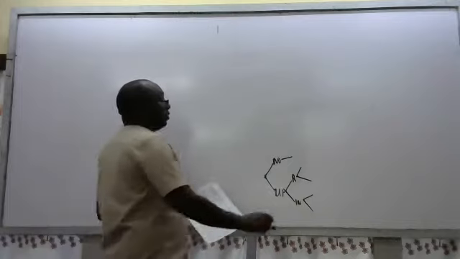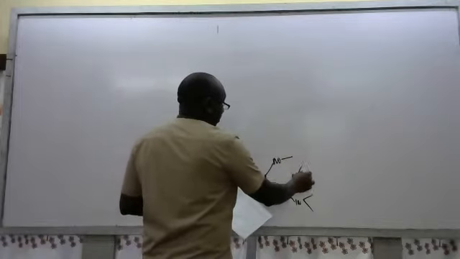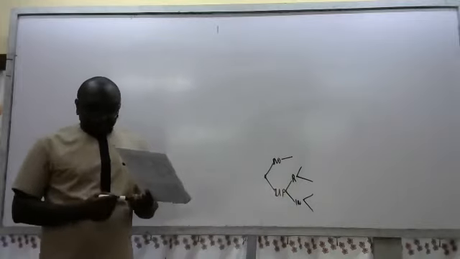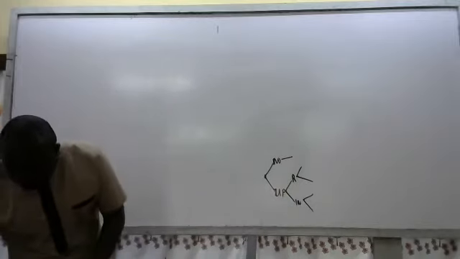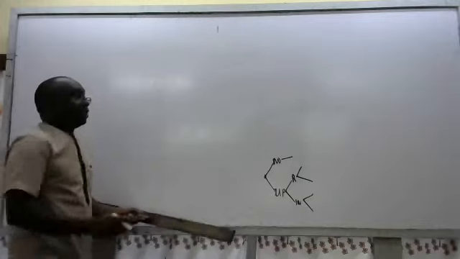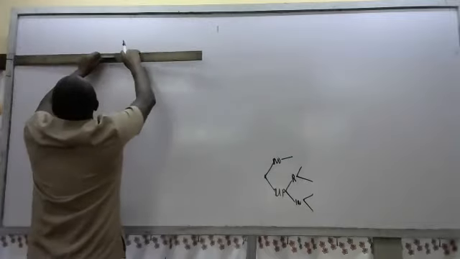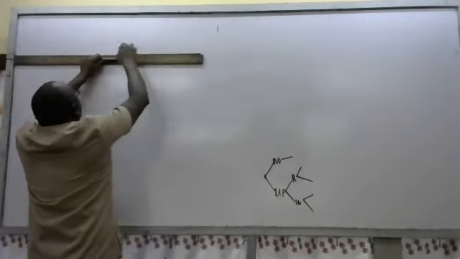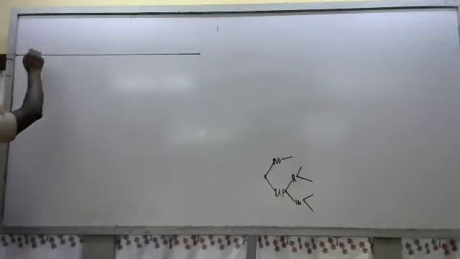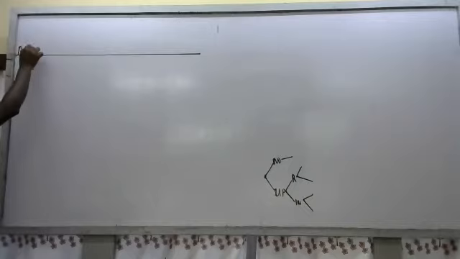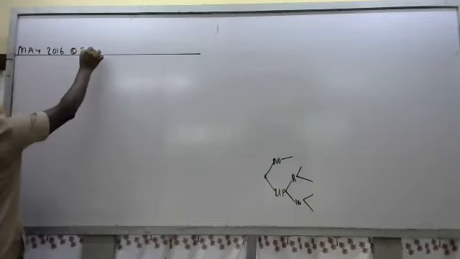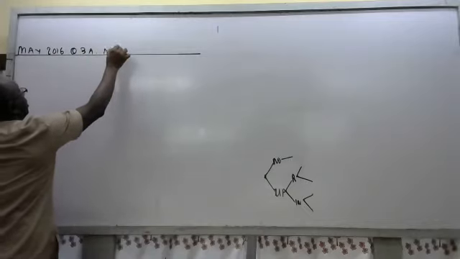So that means we will have 1, 2, 3, 4, 5. So we are going to have 5 tails. So that is the question of May 2016, question 3A, on decision theory.